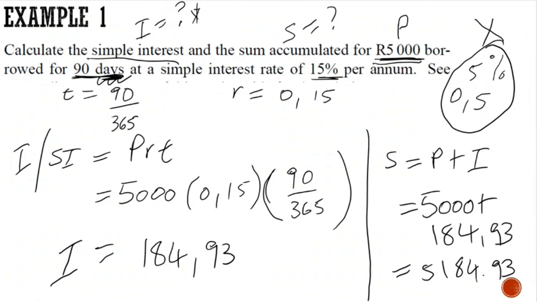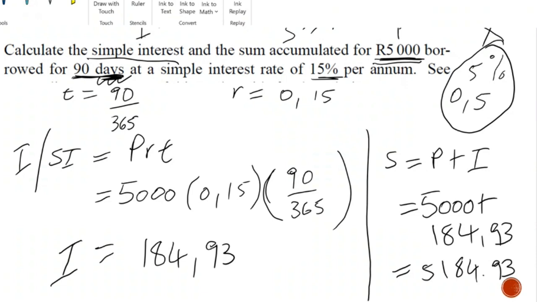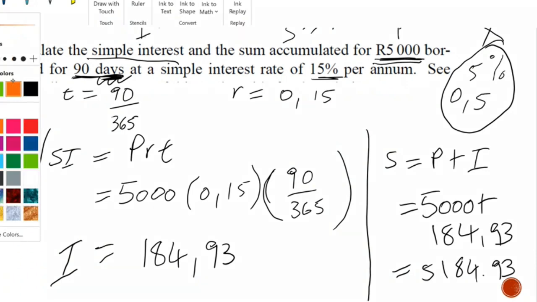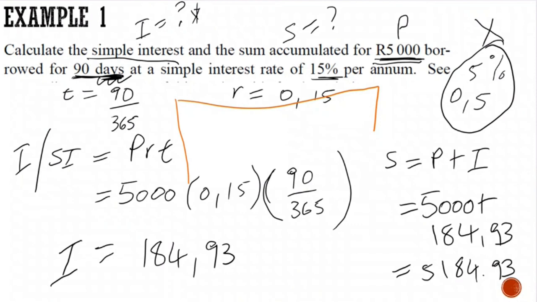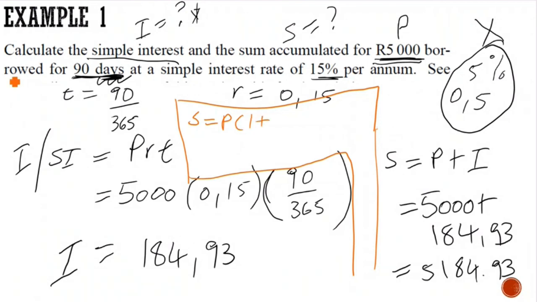Let's say you want to use another method. I'm going to put it here. You can use another method whereby you know that your S is equal to P into 1 plus RT.